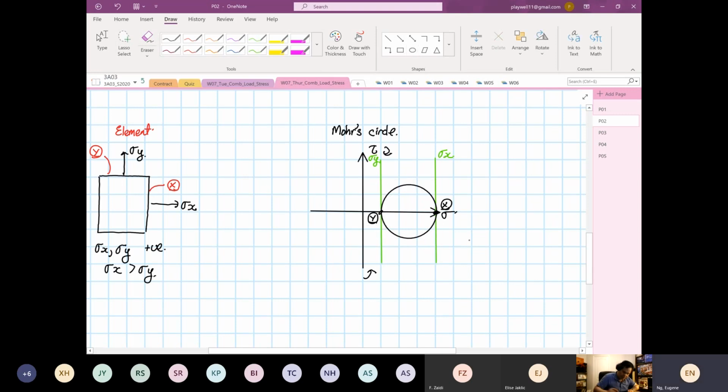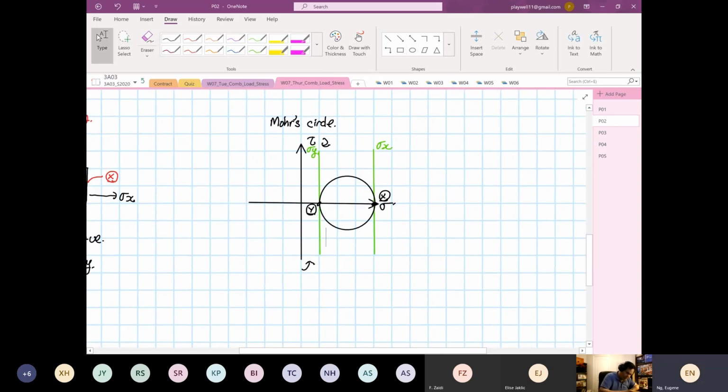Okay. So for this case, there's a point, which is the center of the circle, like how I labeled before. So the distance from here to here will be equal to our stress average.